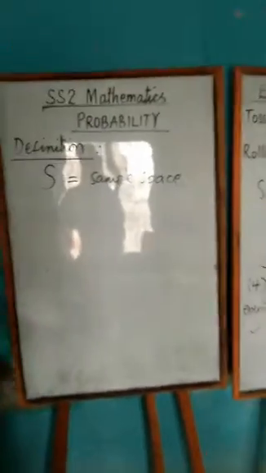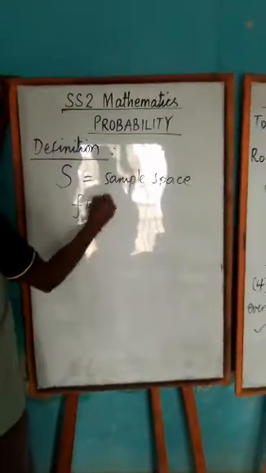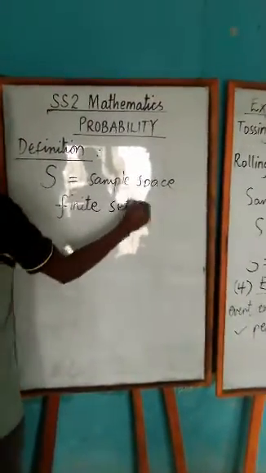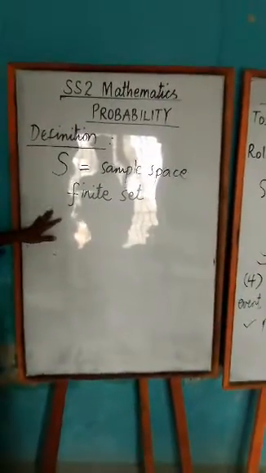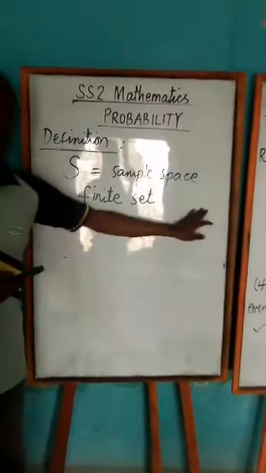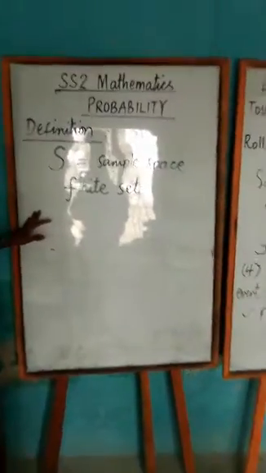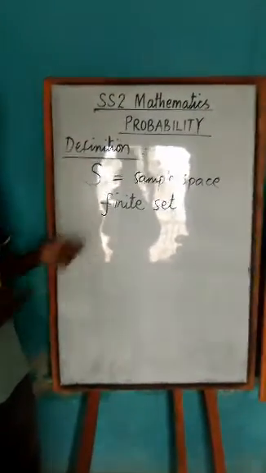For the course of our work, our sample space will be a finite set. A finite set means that we can list all the outcomes of the sample space, or we can count all the outcomes of the sample space.